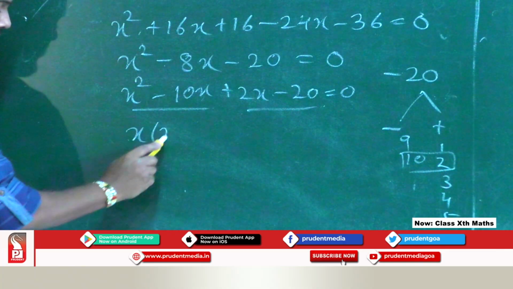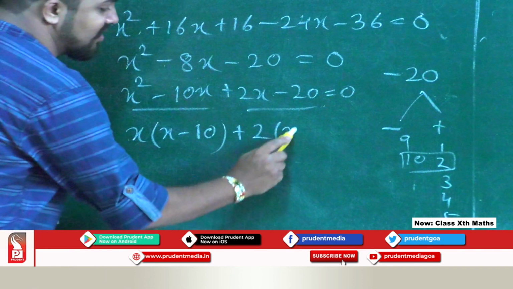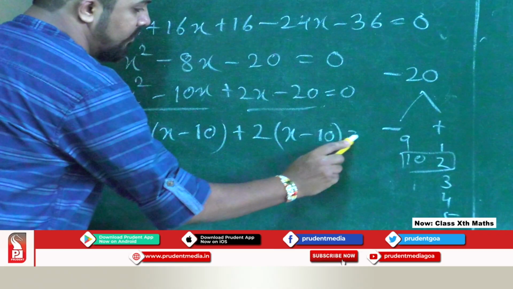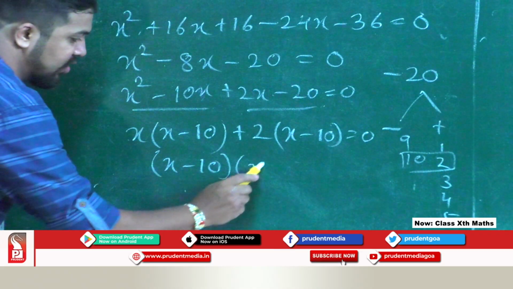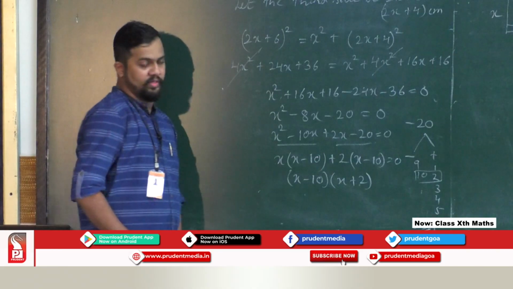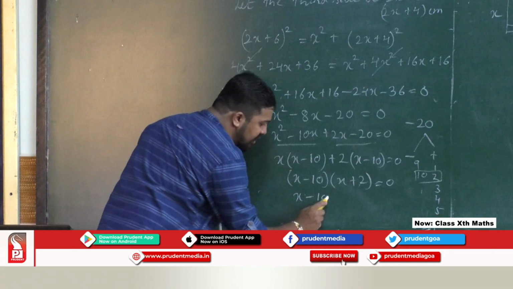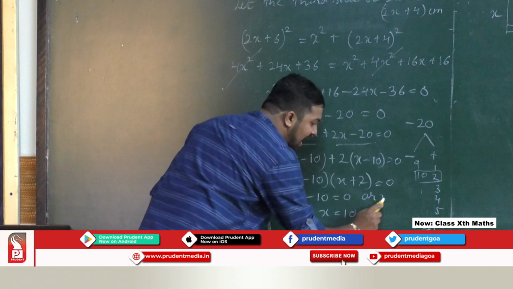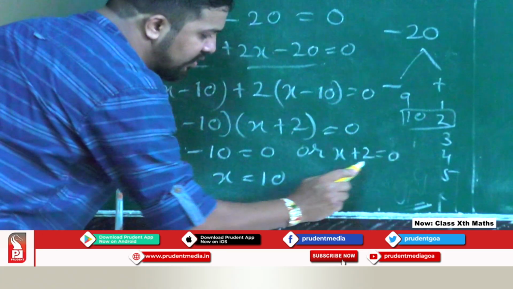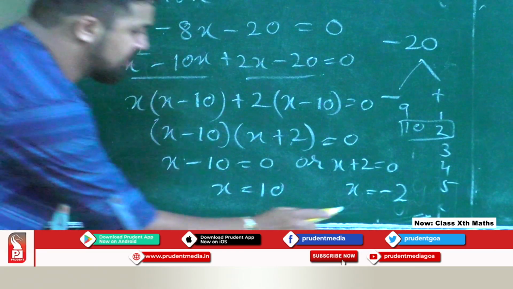So x minus 10, 2, x minus 10. So x minus 10, x plus 2. So x minus 10 equal to 0, which is x equal to 10, or x plus 2 equal to 0, which is x equal to minus 2.